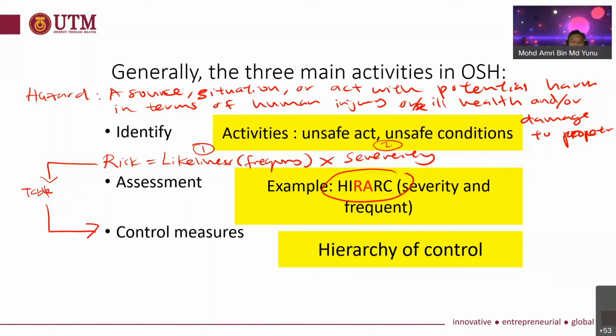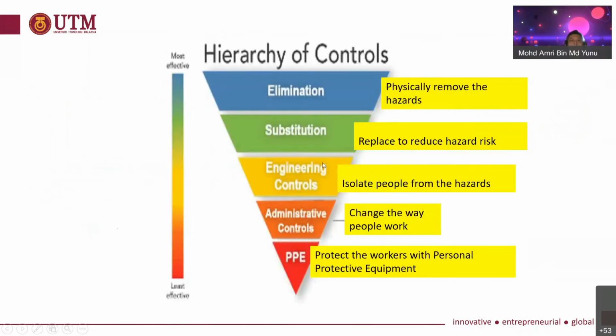And this is the hierarchy of controls. You can see the effectiveness goes down as we go through the different types of control measures.